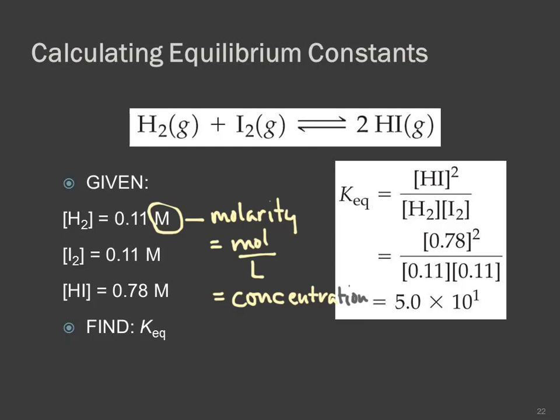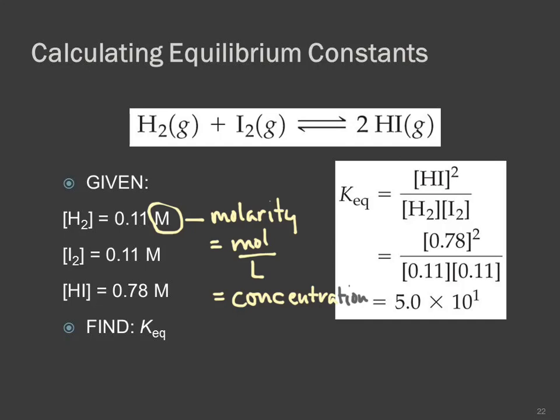Well, the equation for the equilibrium constant for this reaction is the concentration of the product, HI, squared because of this 2, divided by the concentrations of these two multiplied by each other. We're given the concentrations of all the reactants and products, so we stick the numbers in and do the math, and we come up with this constant as being 5.0 times 10 to the 1, or 50.